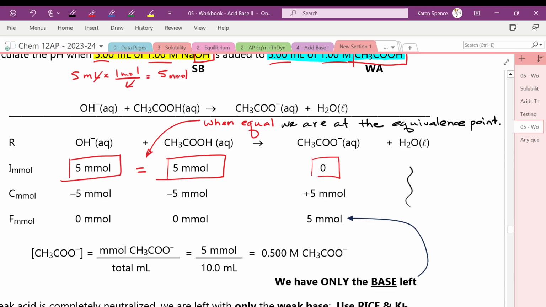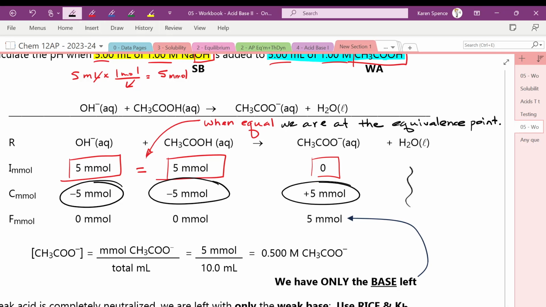Okay, so how much of the OH gets used up? All of it, 5 millimoles. How much of the CH3COOH gets used up? All of it, 5 millimoles, which means we are producing 5 millimoles of the base. Take a look at your final moles. What do we have left?